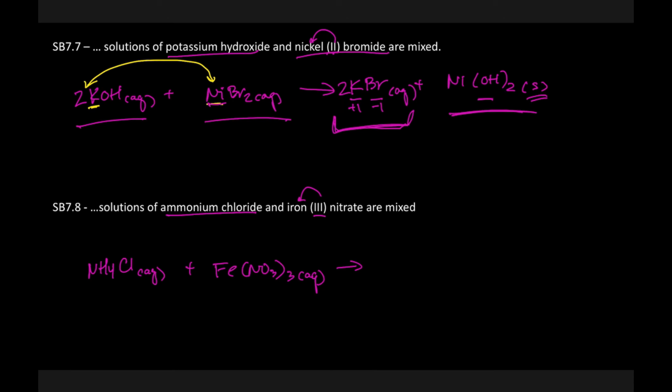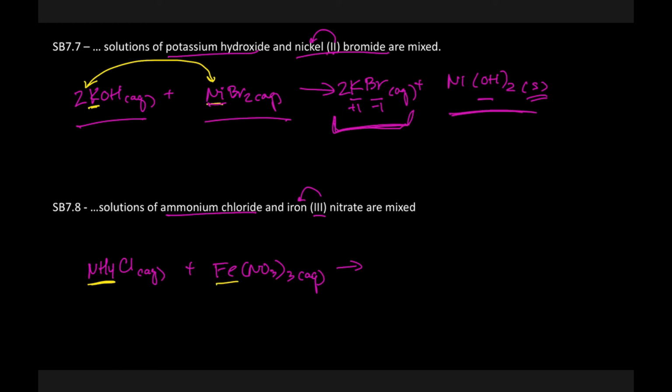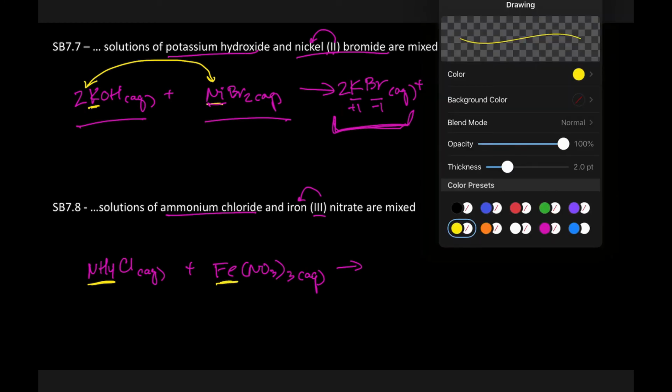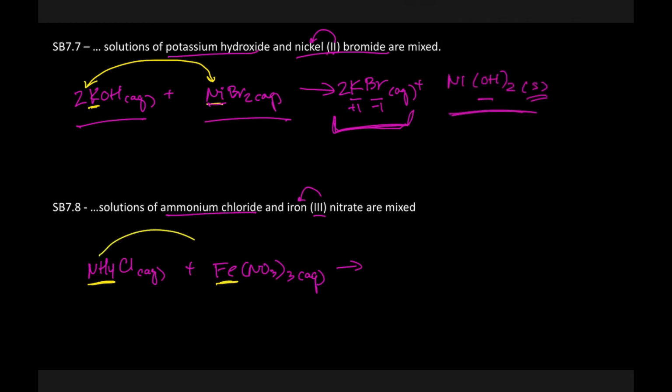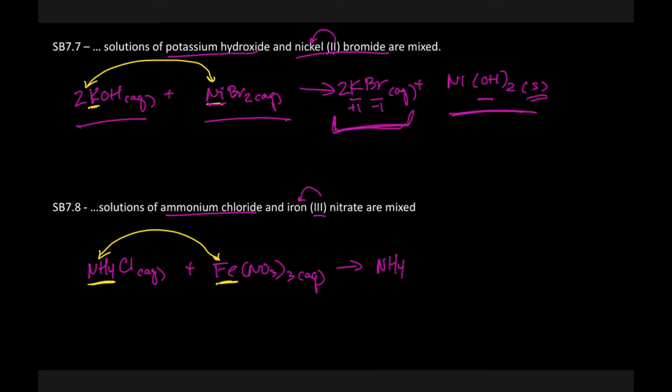So let's go ahead and identify the cations. Here we have ammonium and iron. So we'll go ahead and switch those, which means that now my ammonium is going to be stuck to my nitrate, and ammonium is +1, nitrate is -1, so we need one of each. And we have iron, which has a charge of 3, stuck to chloride, which has a charge of -1, so there we get that.